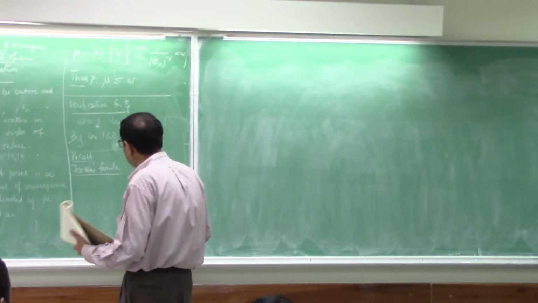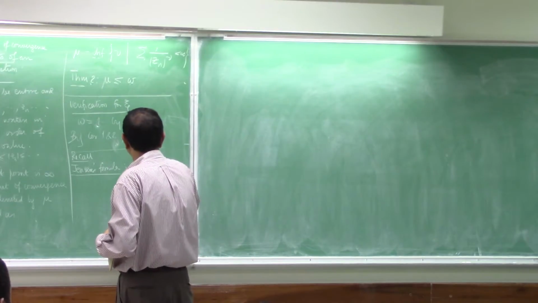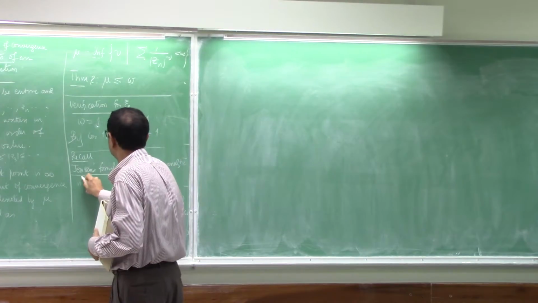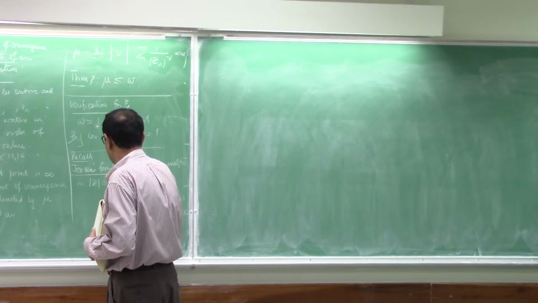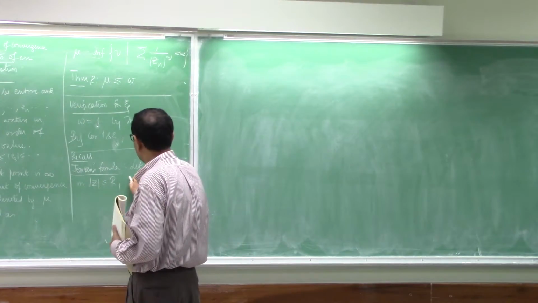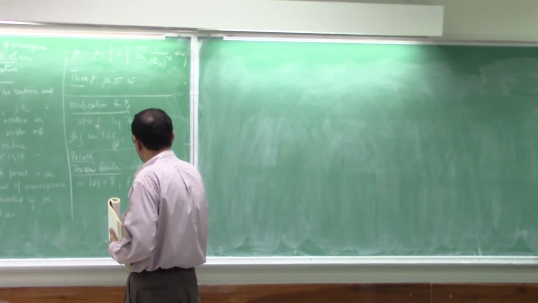All right, so anyway, Jensen's formula. Let f be analytic in absolute value of z less than or equal to R, with f of 0 not equal to 0.